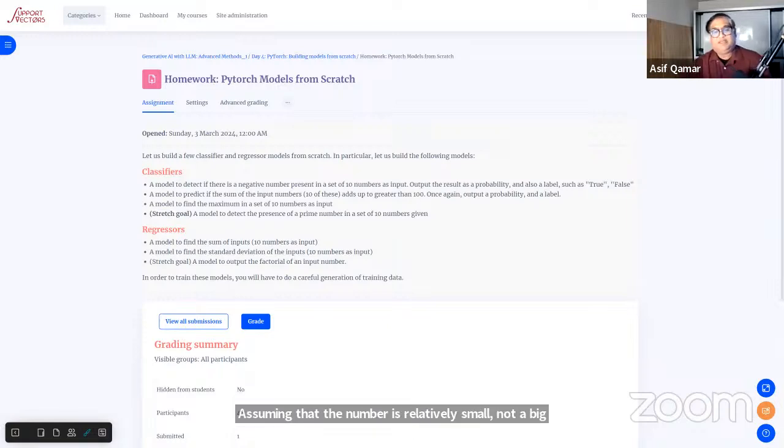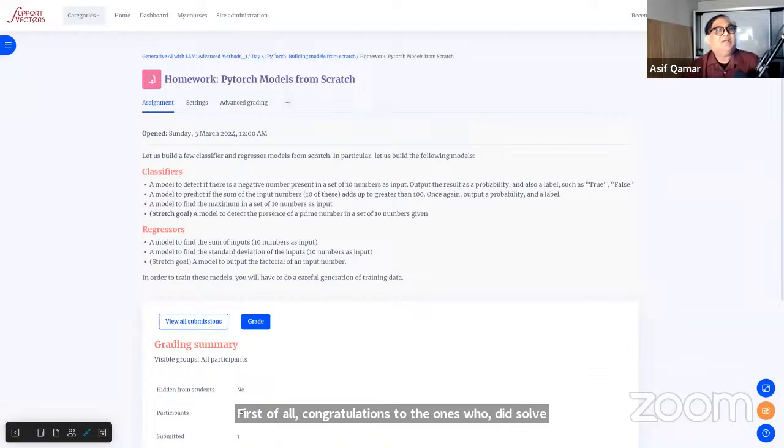In order to train these networks, you'll have to do a careful generation of training data. So most of you would have had to do that. Congratulations to the ones who did solve all of these problems.